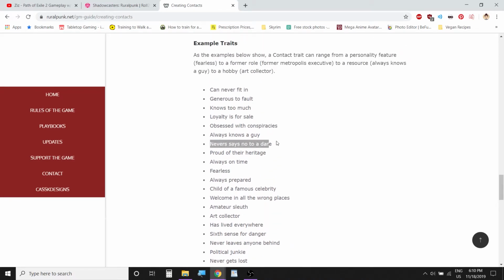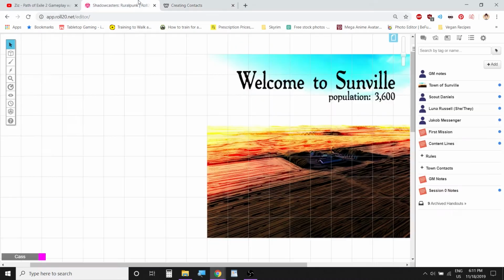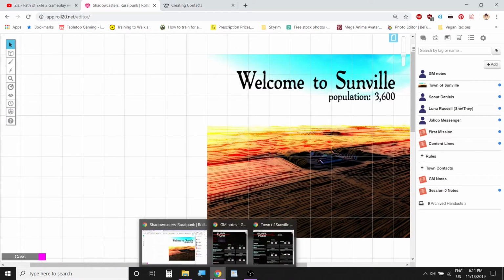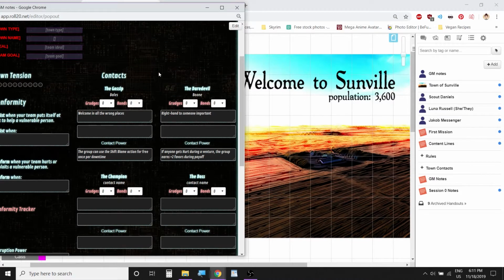I think that one's a little too stereotypical. Knows too much, can never fit in, has lived everywhere. I actually think this would be interesting: right hand to someone important. I think that the Daredevil is someone who it's easy not to take seriously because they're chasing the adrenaline, but I think it'd be interesting if they're the right hand to someone important.